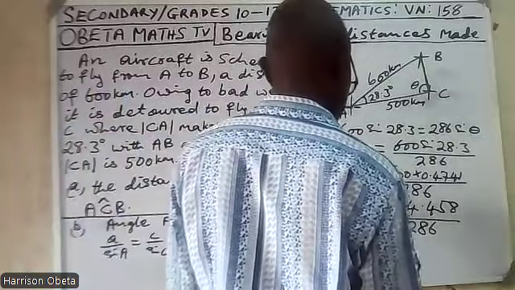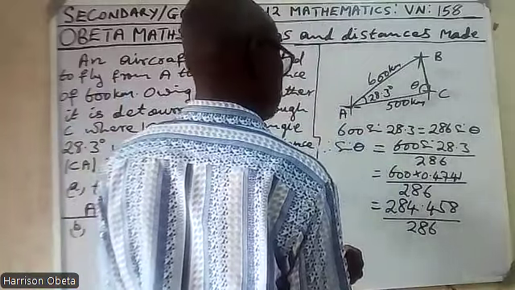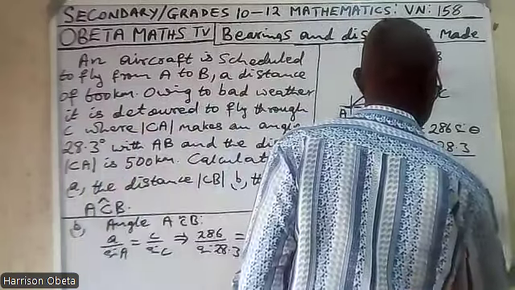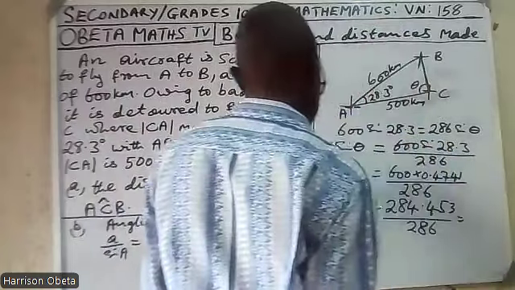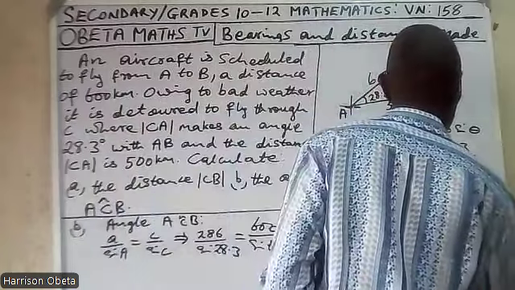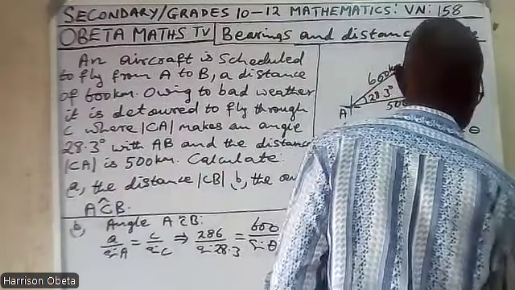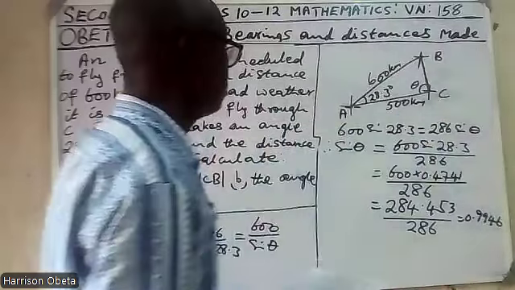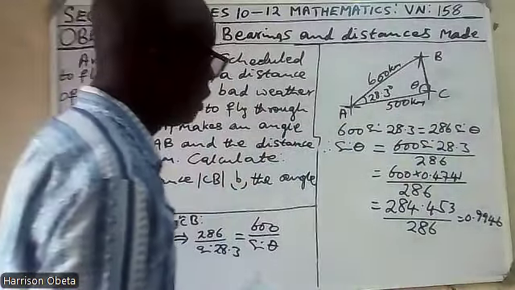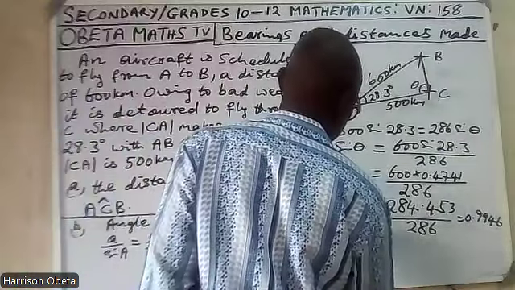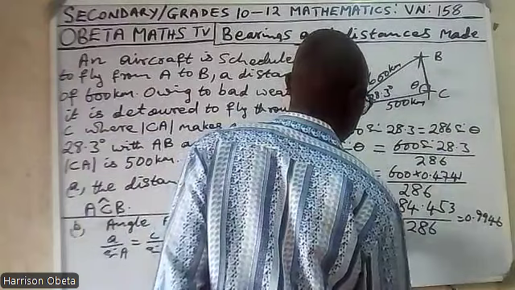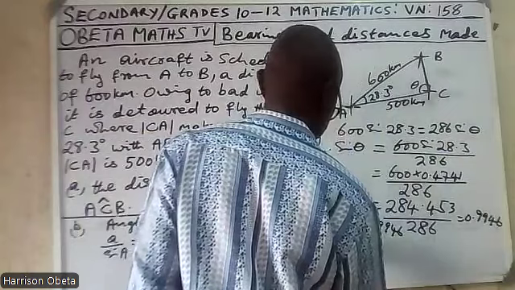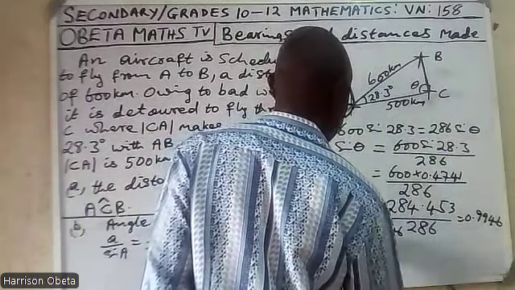And finally, that will give us 0.9946. So then sine theta is 0.9946, so theta equals sine inverse of 0.9946.